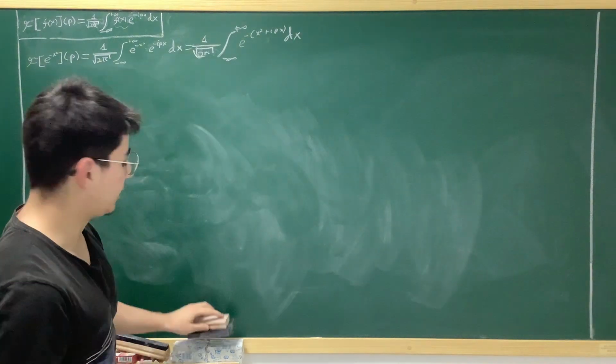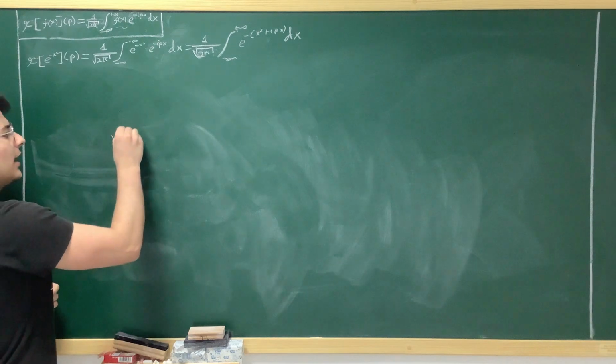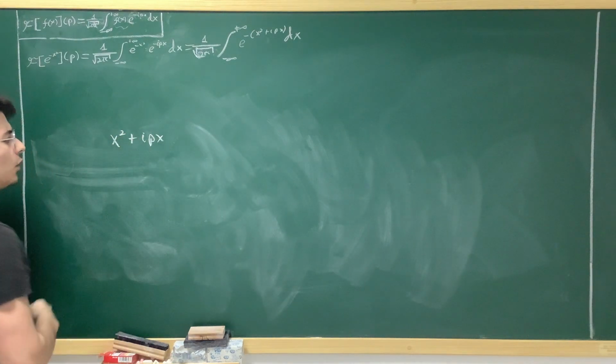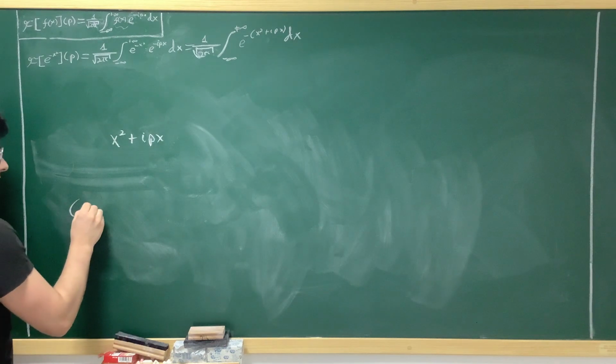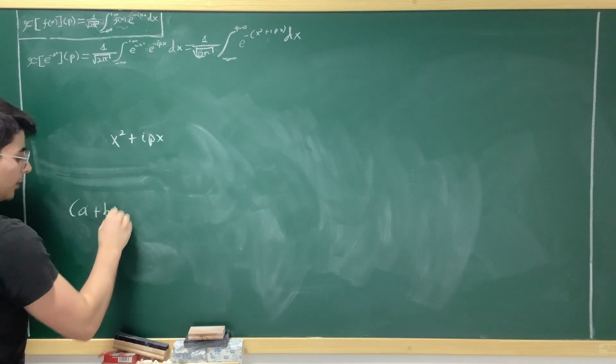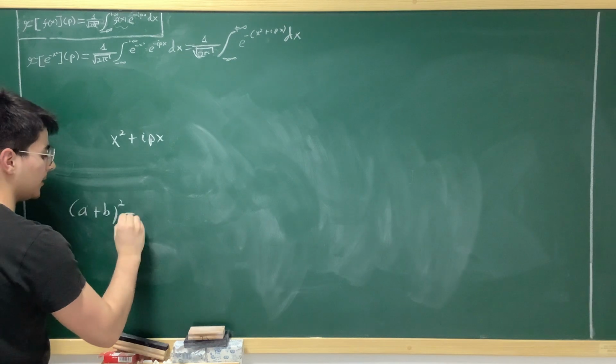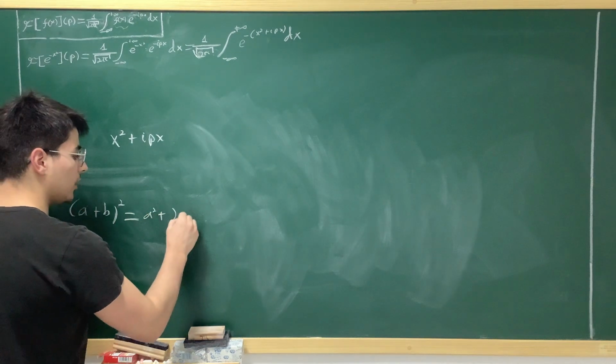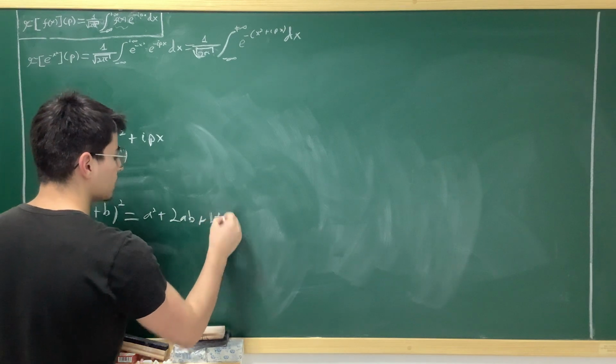So how are we going to do this? Let's write the exponent, x squared plus ipx. A perfect square is given by a squared plus 2ab plus b squared.